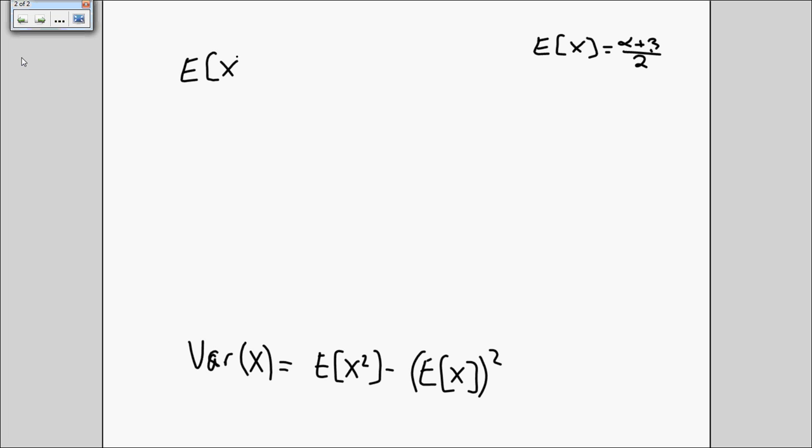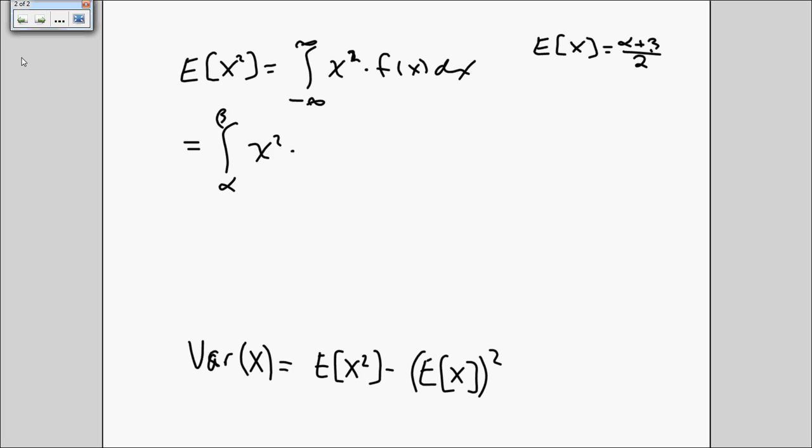E of anything, for a uniform random variable, is the integral from negative infinity to infinity of the anything times f of x dx. But f of x really only goes between alpha and beta. Outside of that, it's 0.